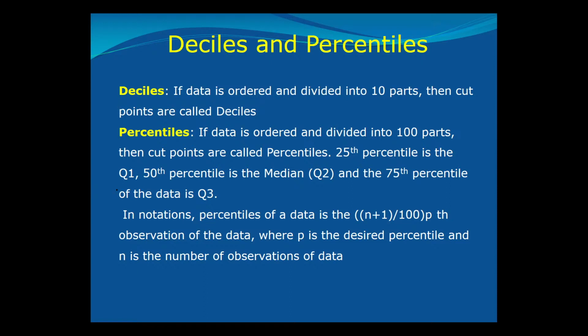The 25th percentile is quartile 1, the 50th percentile is the median, and the 75th percentile of the data is quartile 3. In notation, the percentile of data is the location formula for an observation of the data, where P is the desired percentile, and N is the number of observations of data.